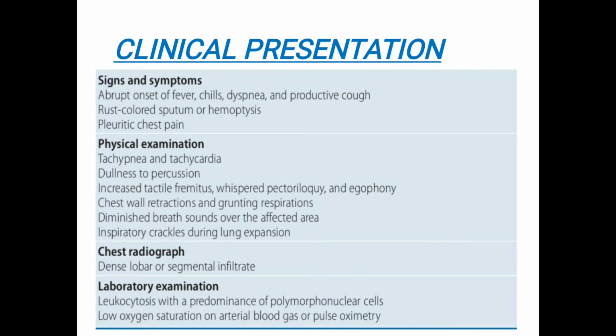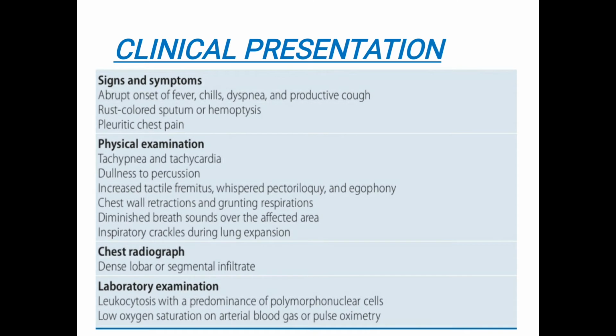You can also see chest wall retractions and grunting respirations, diminished breath sounds over the affected area, and inspiratory crackles during lung expansion. In chest radiograph you can see a dense lobar or segmental infiltrate, which indicates infection. In laboratory examination you can see leukocytosis and low oxygen saturation.